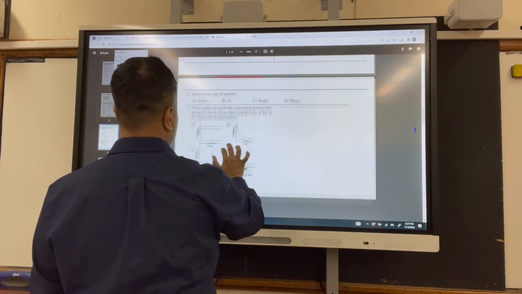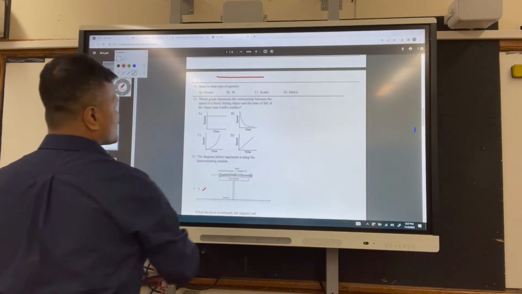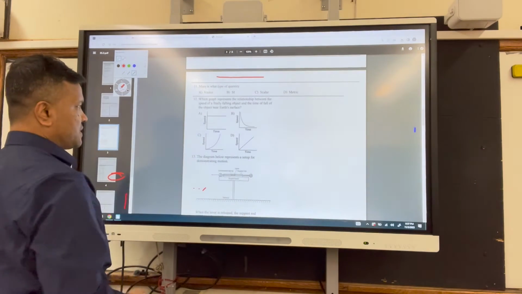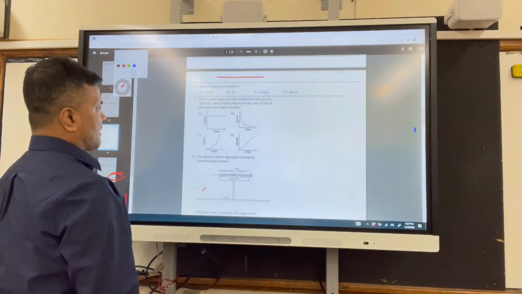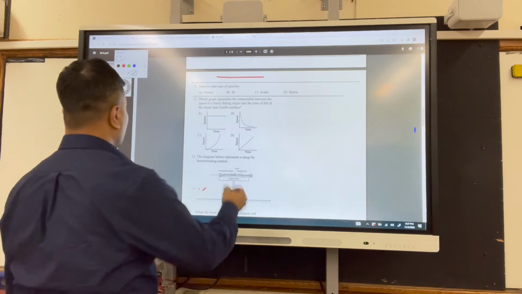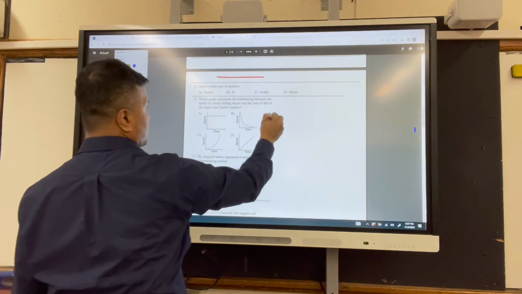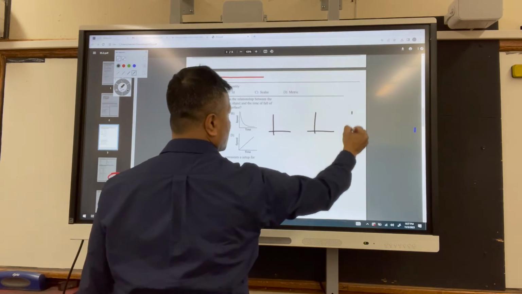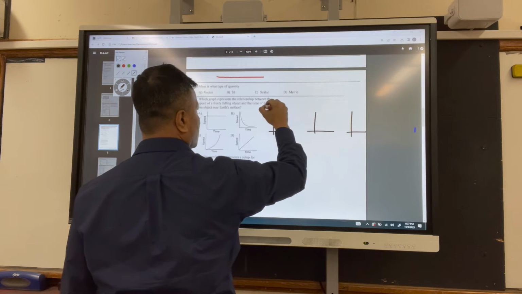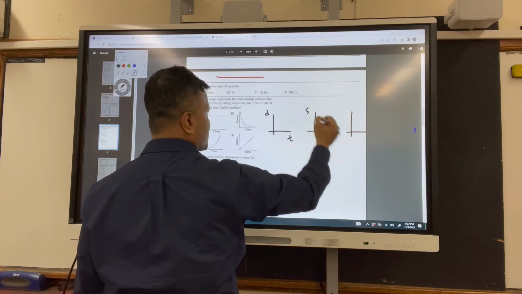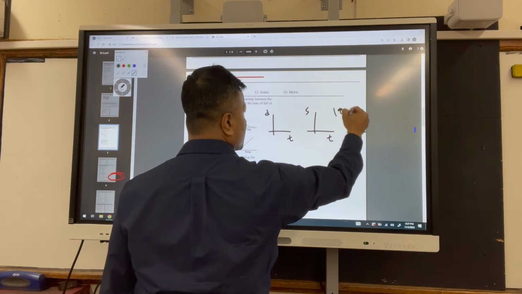Problem 11: which graph represents the relationship between the speed of a freely falling object, an object falling freely on the earth's surface? When an object falls freely, what happens? You can get three graphs: distance versus time, speed versus time, and acceleration versus time.